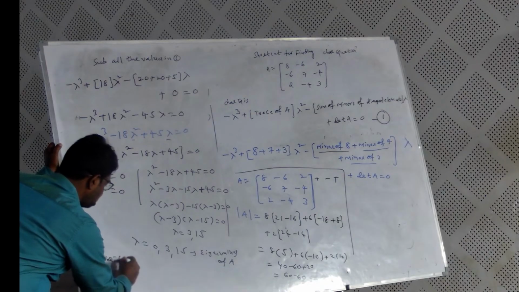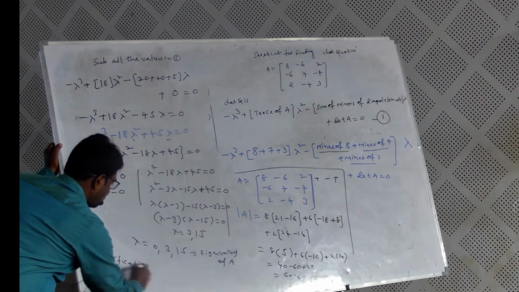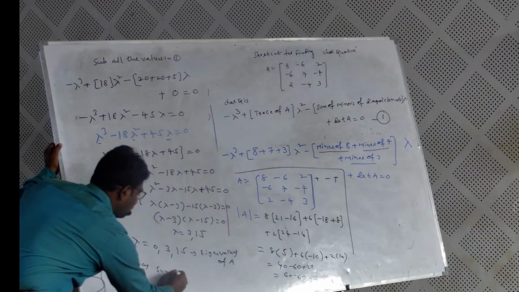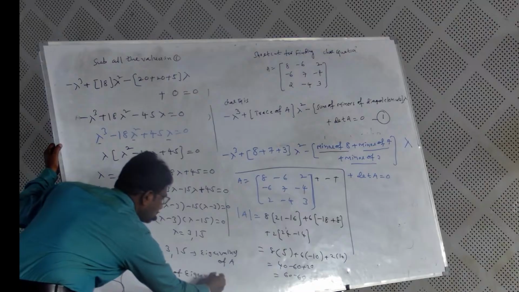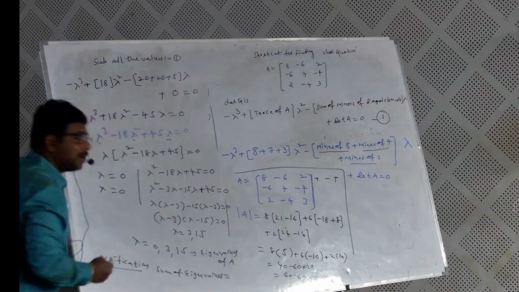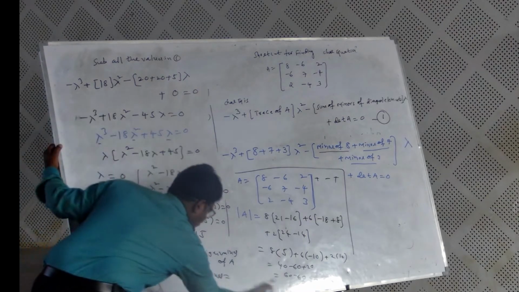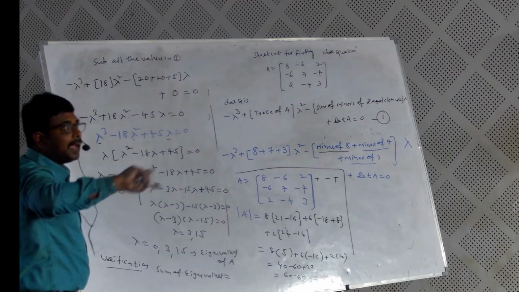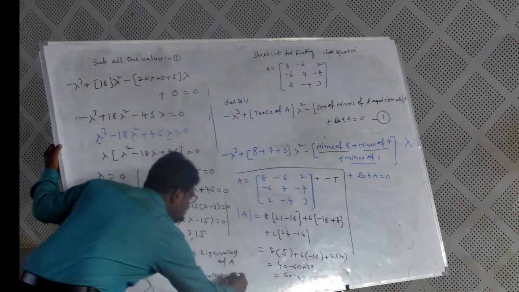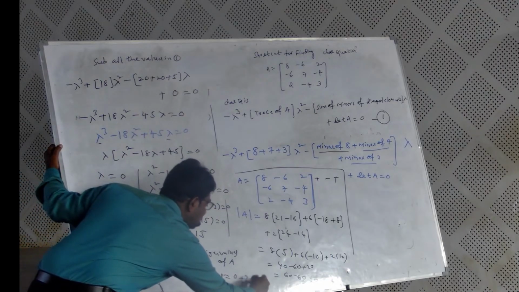Verification: sum of the eigenvalues. What is the sum of the eigenvalues? First do the summation. I add the eigenvalues one by one: 0 plus 3 plus 15.